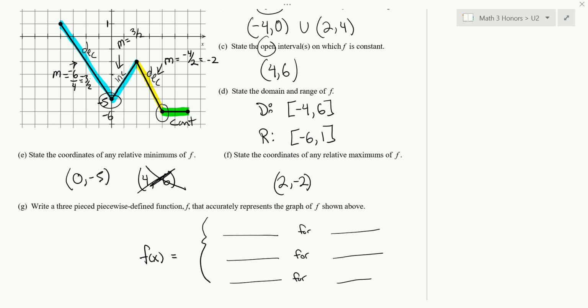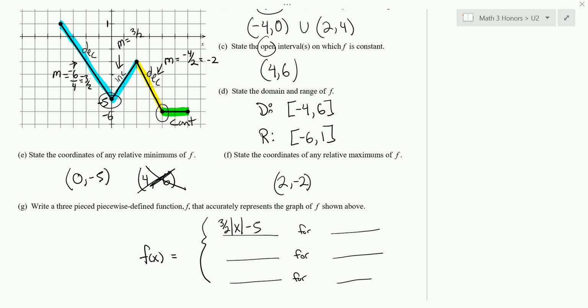What'd you get? Perfect. Okay. So it's 3 over 2 because that's the slope of the right-hand side. Absolute value of x because we're not moving left or right from the y-axis. We're staying at value of 0 for x. But we are dropping down 5 units.